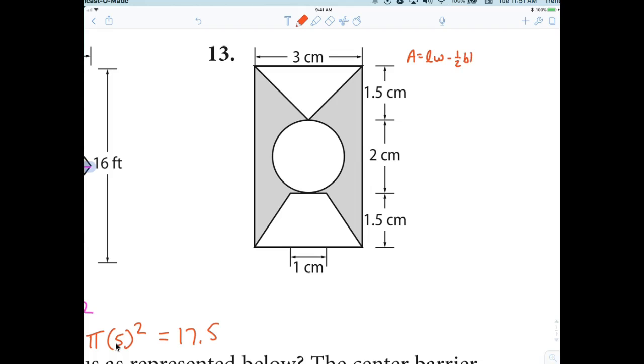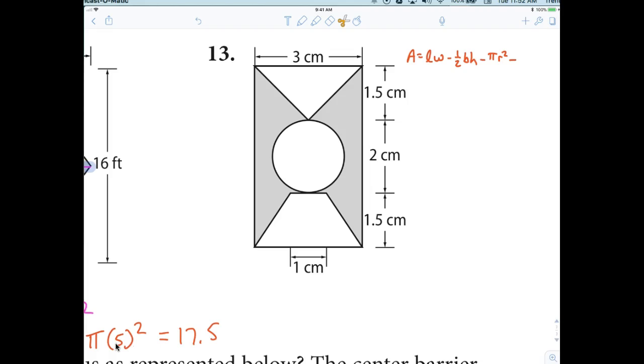1/2 base times height. Then I'm going to subtract out the what? The circle. And the circle is what? What's the area of a circle? Pi r squared. And then I'm subtracting out the area of a what? I'm subtracting out the area of a trapezoid.